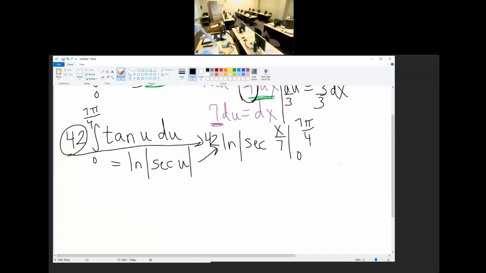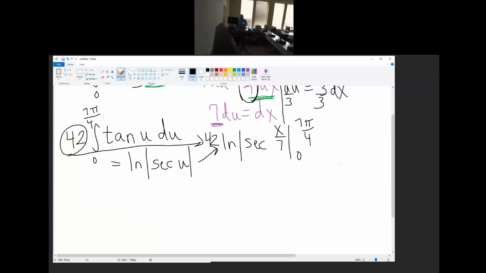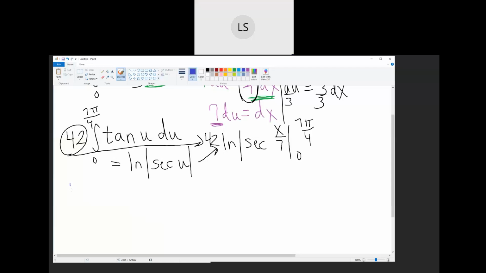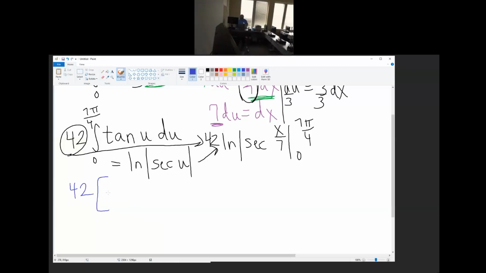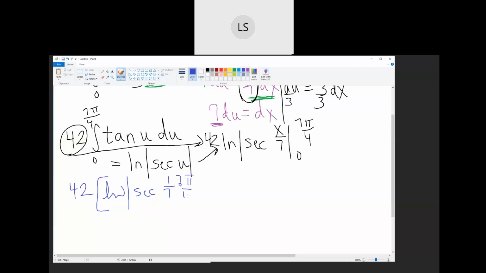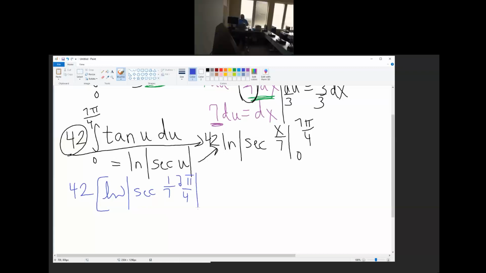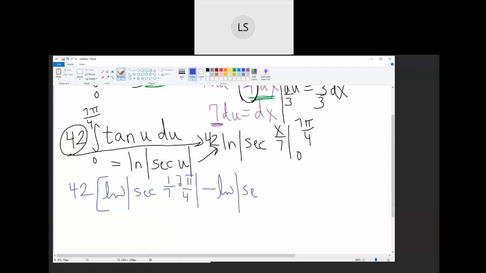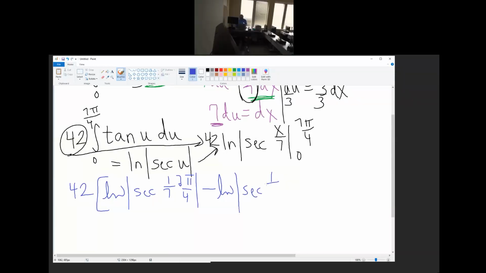Now, first up, when we plug in 7 pi over 4 for x, we have 42 natural log of secant of 1/7 times 7 pi over 4, minus natural log absolute value of secant of 1/7 times 0.